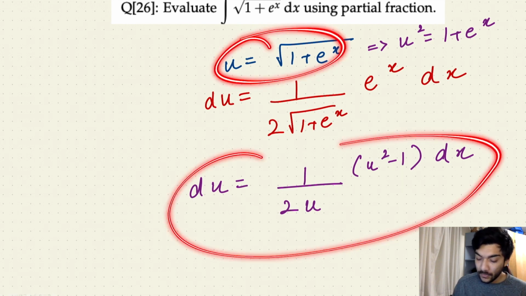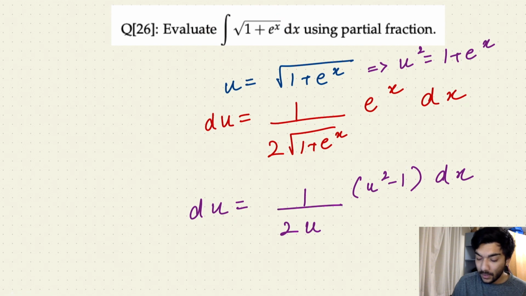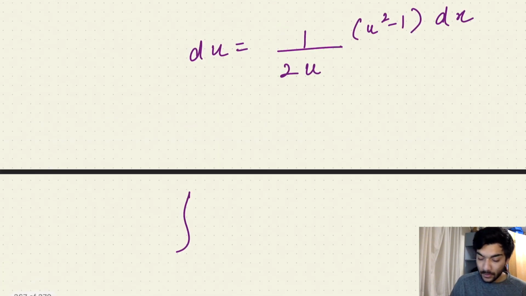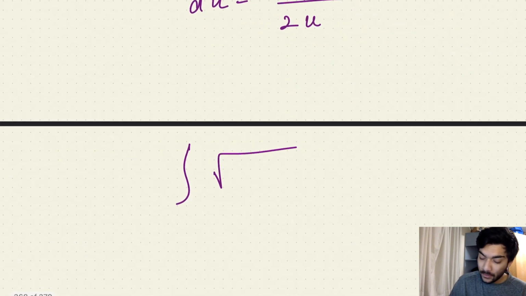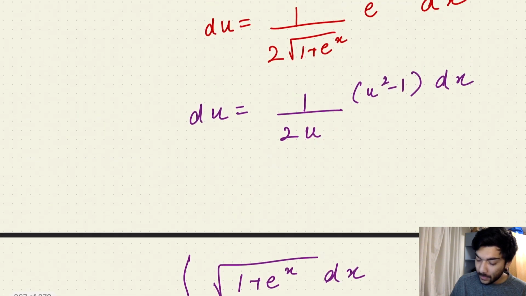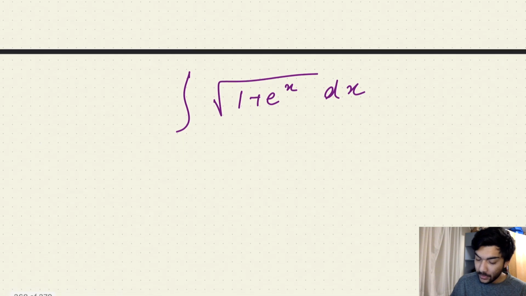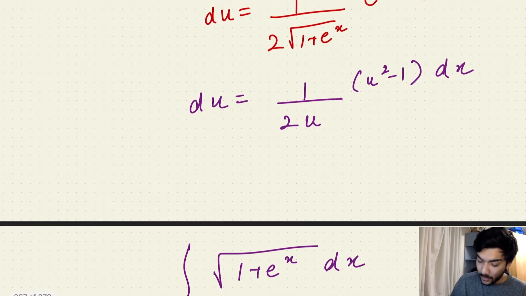So now we can use this formula and this formula in order to change our integral, manipulate our integral such that we can evaluate the new expression using partial fractions. We know that we are basically calculating the integral of this expression, the integral of 1 plus e to the power x dx, and since we assumed this expression to be u, this would be simply calculating the integral of u.